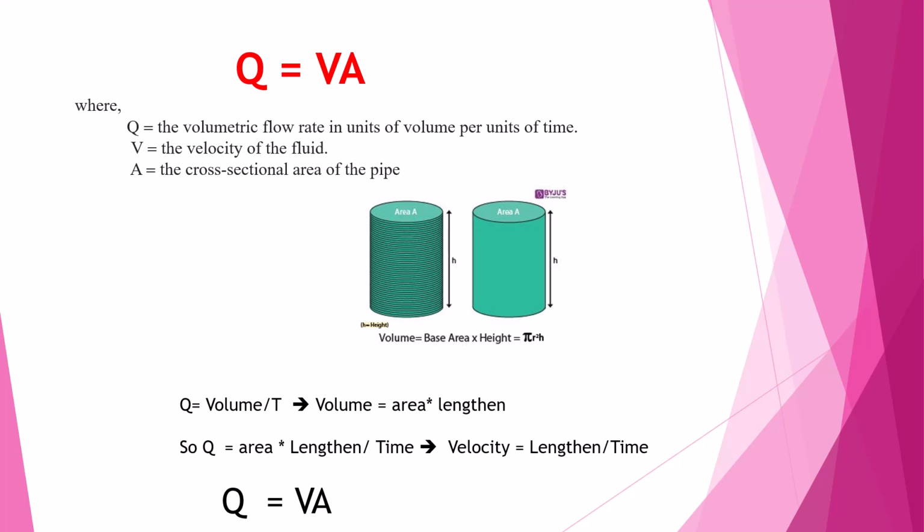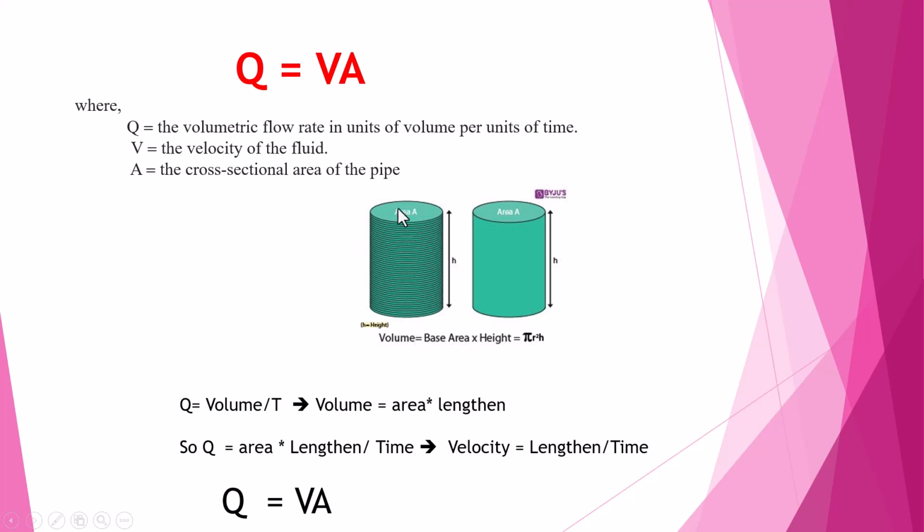So Q equals VA. Okay. So V is the velocity, equal to length over time. Length over time is velocity. Here the cylinder, you can see how to get this.